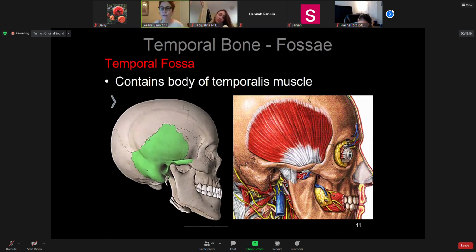There's another fossa here, the temporal fossa. The temporal fossa includes other bones. It's not just that squamous fan-shaped portion of the temporal bone. So it goes way up along the side of the head. And it's the origin for this massive temporalis muscle. So you need to label the temporal fossa on your skulls.